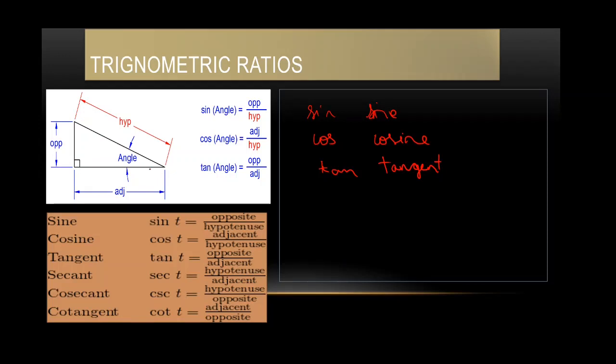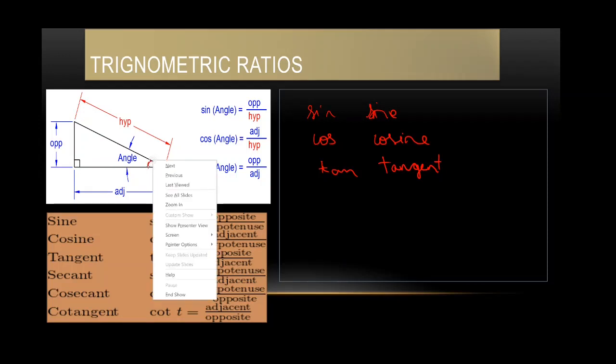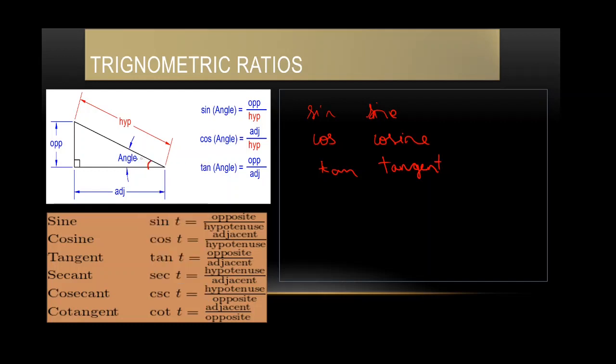In this case, they have taken the angle to be this. So this is the adjacent side, this is the opposite side, and this is the hypotenuse. There are three more reciprocal trigonometric ratios.